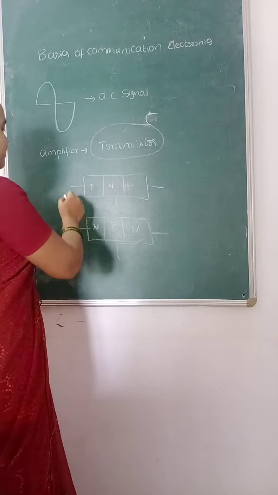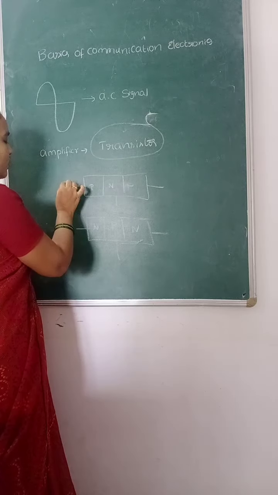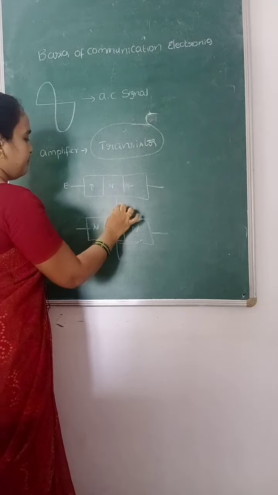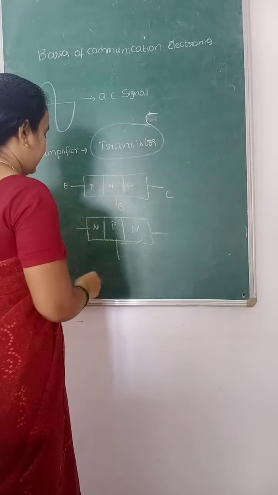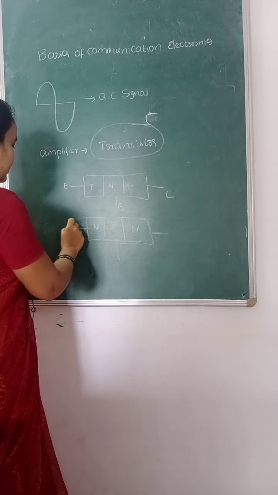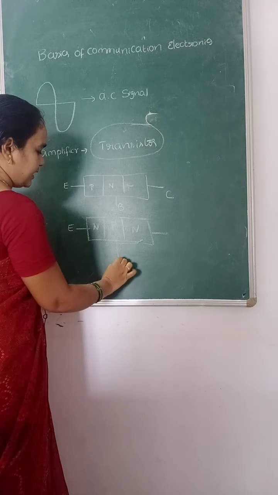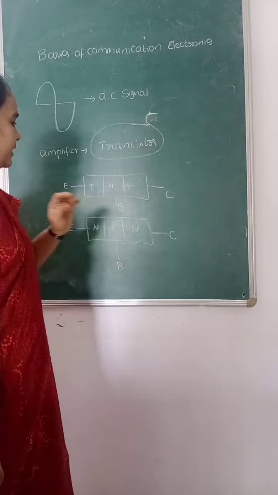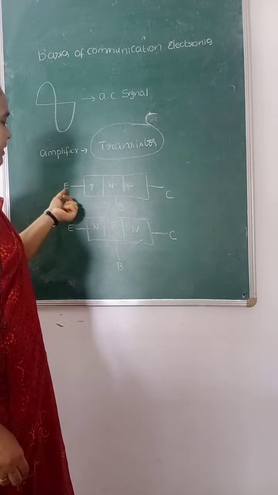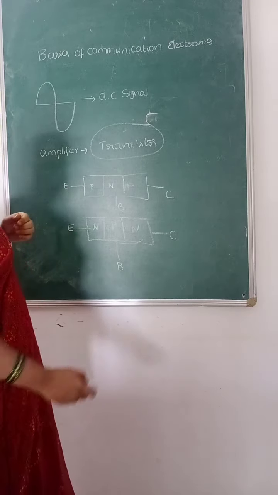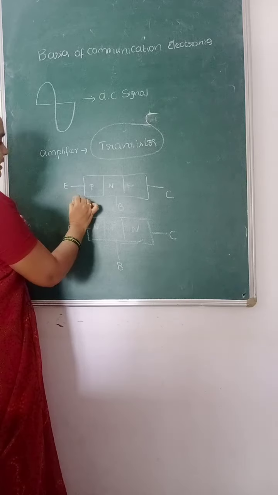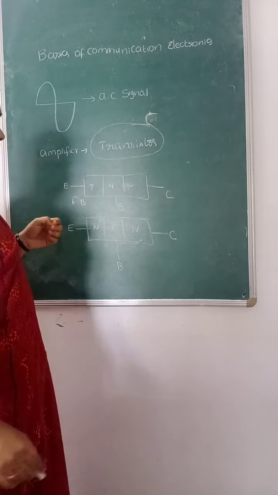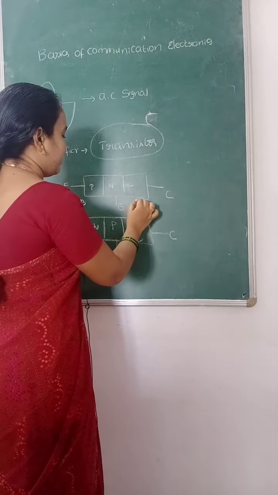Each transistor has three elements called emitter, base, and collector. In an NPN transistor, the emitter and base region should always be forward biased and the collector and base region should be reverse biased.